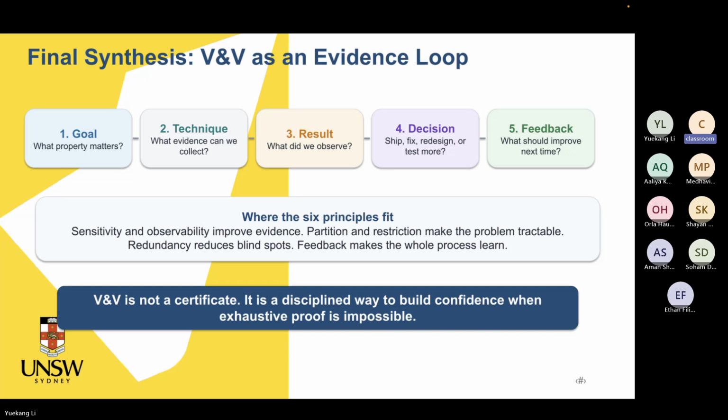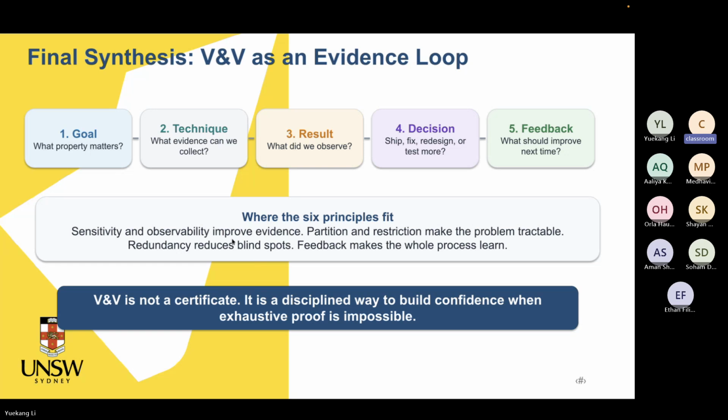What we can observe depends on two things: how sensitive we are, and the observability of the artifacts emitted during testing, right? And then after we get the results, we can make our decision. And after we made our decision, we can collect some feedback. So here, as you can see, these 6 principles actually help us to build this evidence loop.